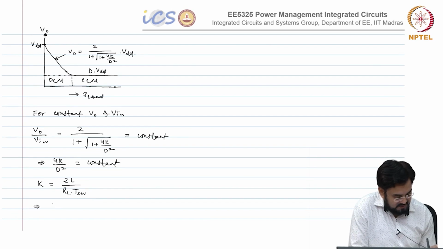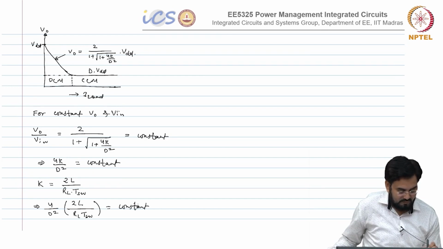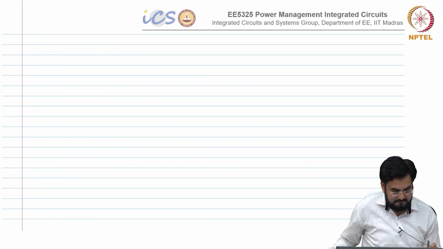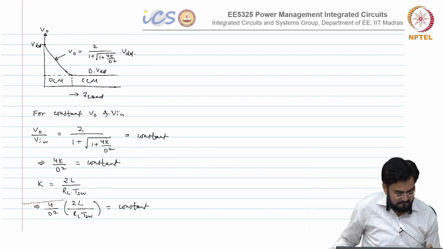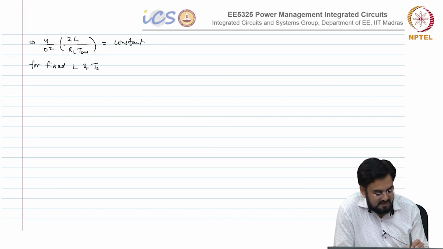So, this implies 4 over d square into 2L over RL TSW, for fixed L and TSW.